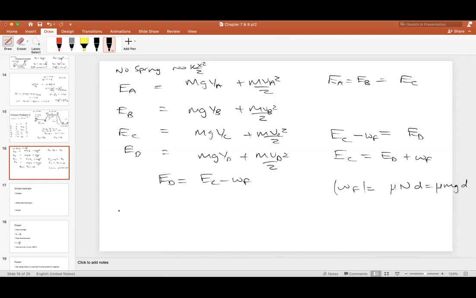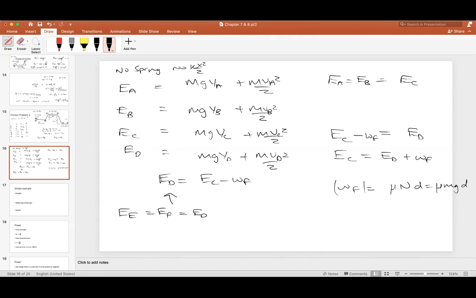Then, if we do that correctly, EE is equal to EF, and they're both equal to ED, if ED is EC minus work of friction, right? If you tried to do this, you would get EC, but EE and EF aren't equal to EC, they're equal to the energy after.